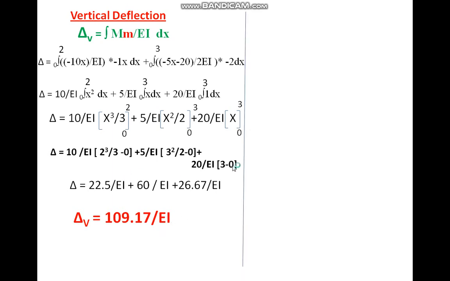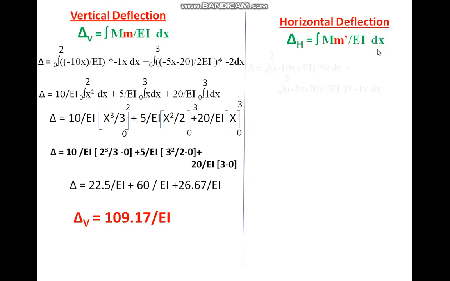Similarly, the same thing for horizontal deflection, the same integration formula, that is the integration of capital M into m dash divided by I dx. The m dash value will be multiplied with capital M, so minus 10x divided by I into 0.